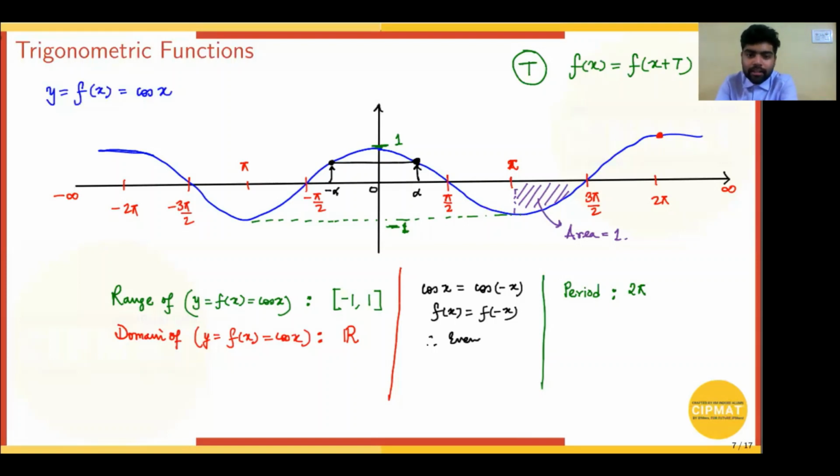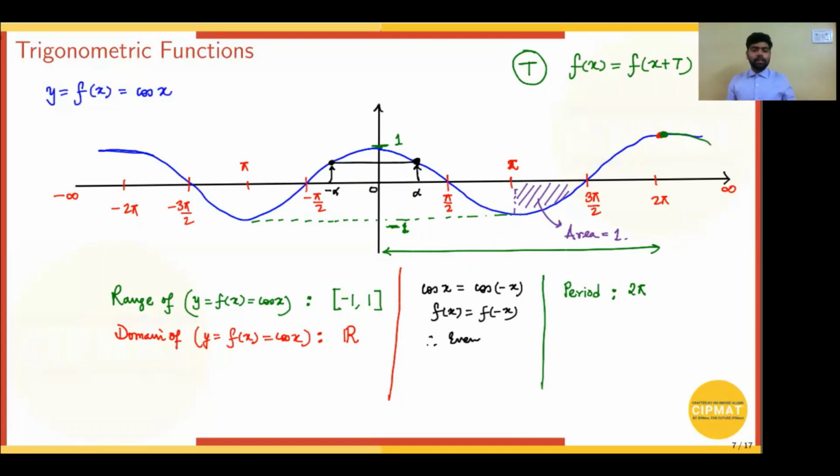What does that mean? You see that after every interval of 2 pi, the graph is going to repeat once again. From here to here, the graph is like this. Then from here, if you start again, the graph is going to be the same thing.